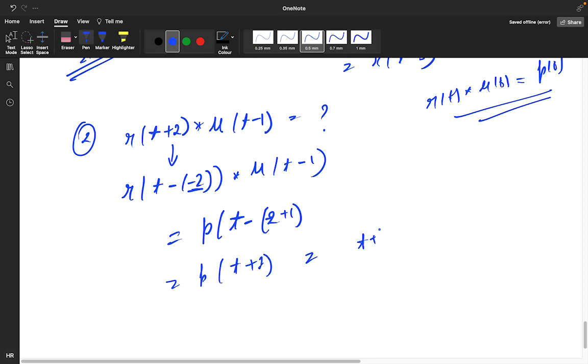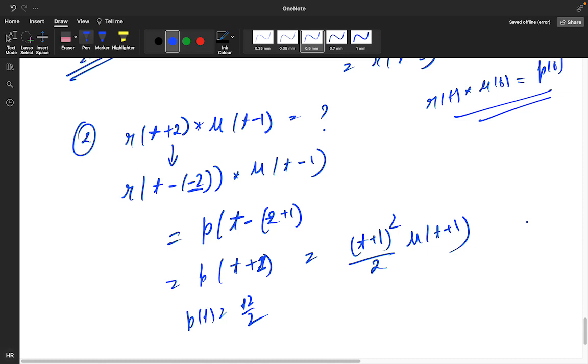So t plus 1 the whole square by 2 u of t plus 1, because p of t is equal to t square by 2. So p of t plus 1 will be t plus 1 square by 2 into u of t plus 1.